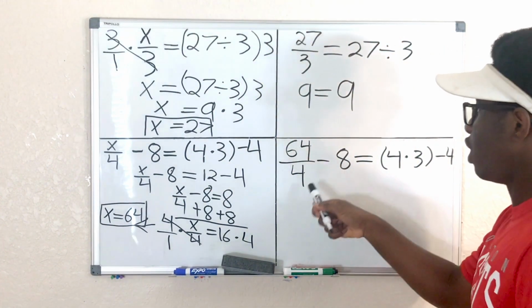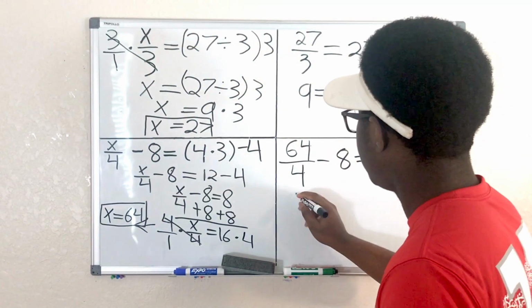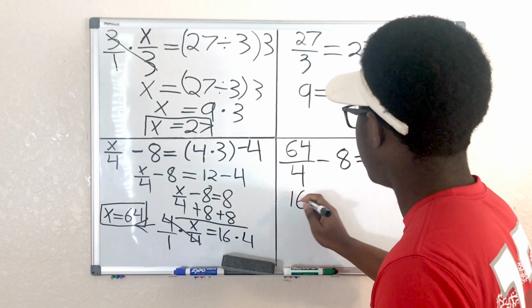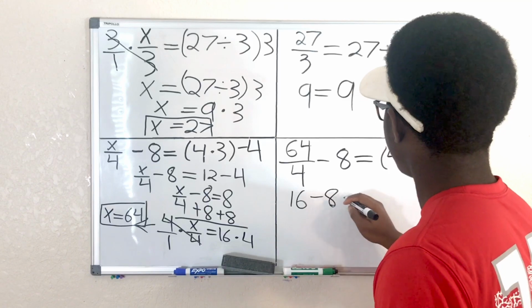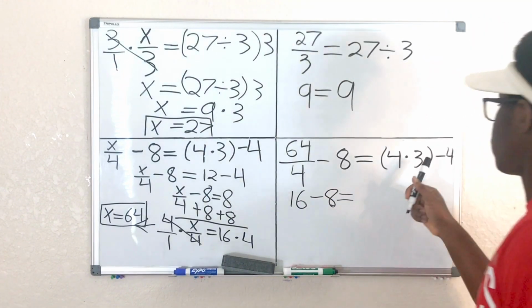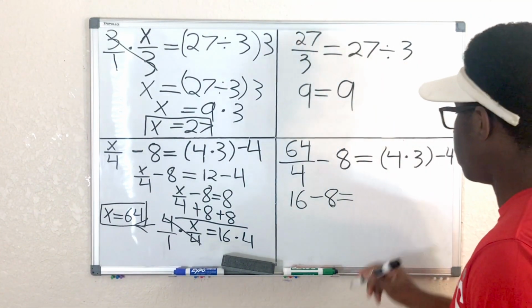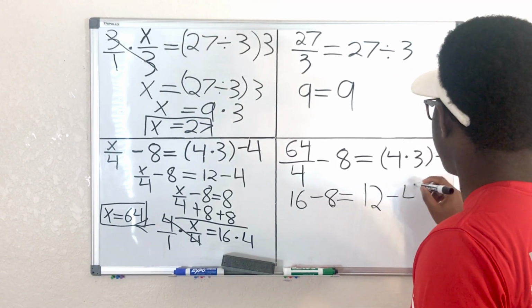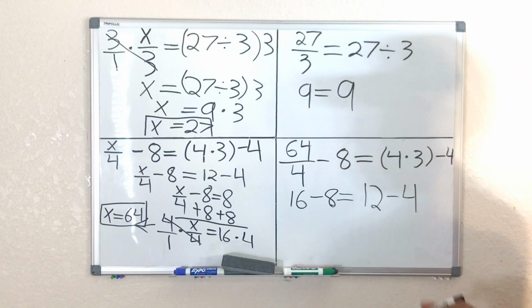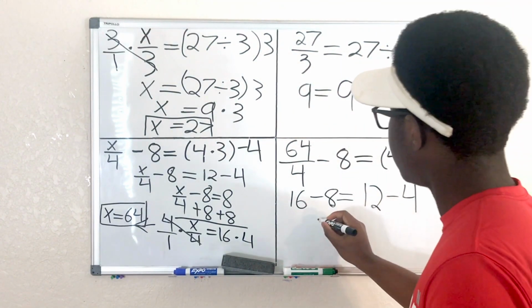So 64 divided by 4, we know is 16, minus 8 is going to be equal to 4 times 3. We already know that is 12, 12 minus 4. Now we just solve. 16 minus 8 is 8.